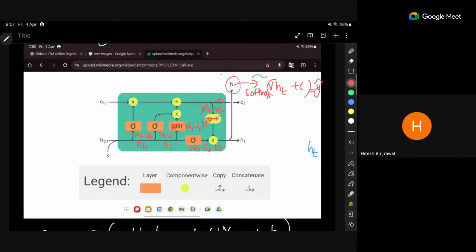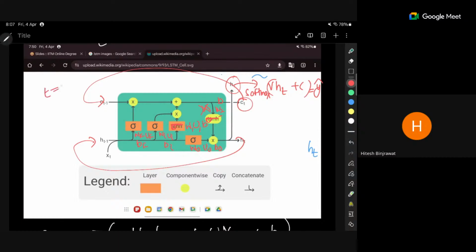So this is what happens after we get this, and then the CT becomes input to itself, right? This will go as input, and of course here the new XT plus 1, the next one, will come up here, right? And that's how this LSTM will work across the time steps.